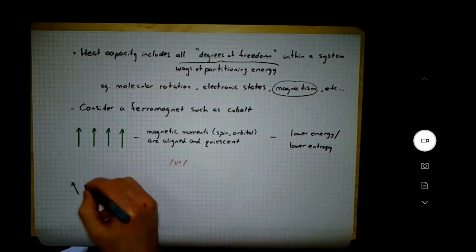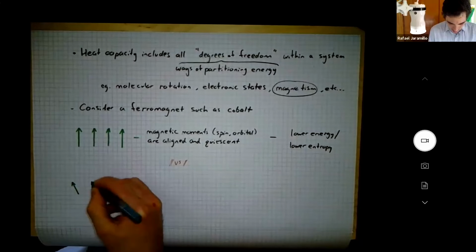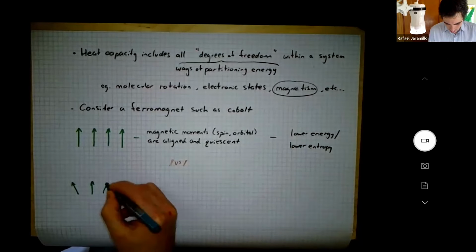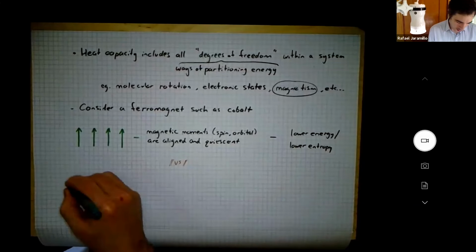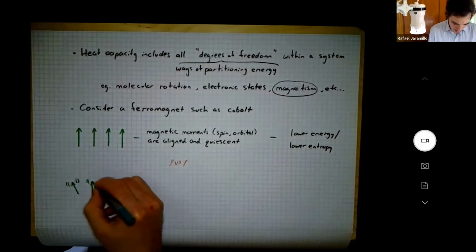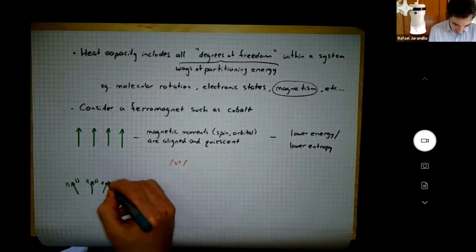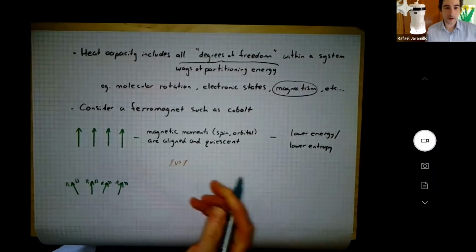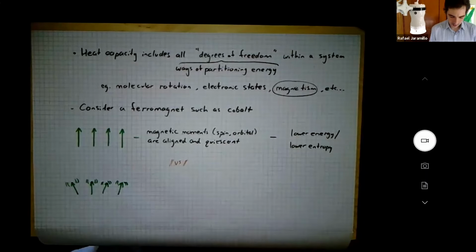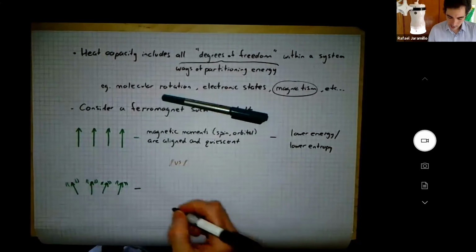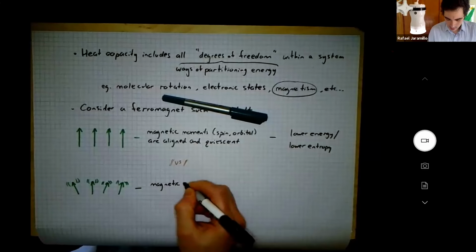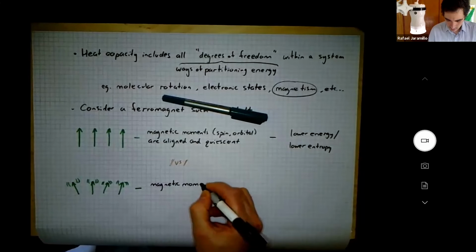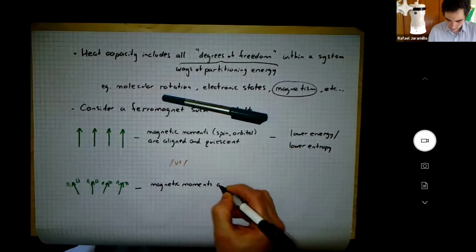Yeah. Let's say they start. I don't know if that's visible at all. The idea here is that magnetic moments are fluctuating.